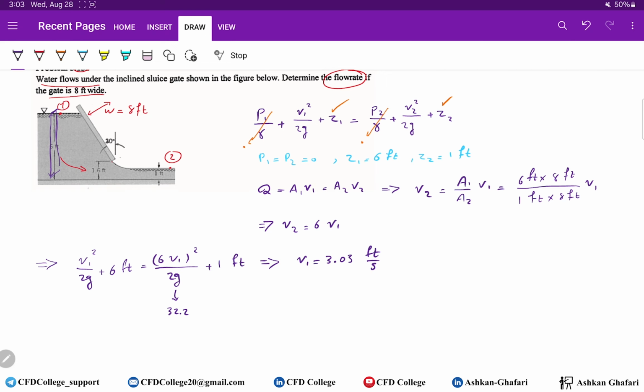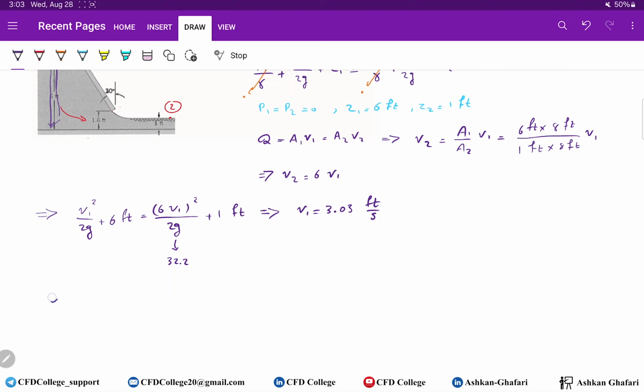Now you can calculate the flow rate. Q is A1 V1, so 3.03 feet per second times the area, which is 6 feet times 8 feet. So the flow rate is 145 cubic feet per second.